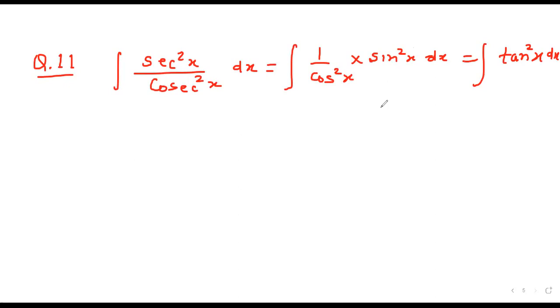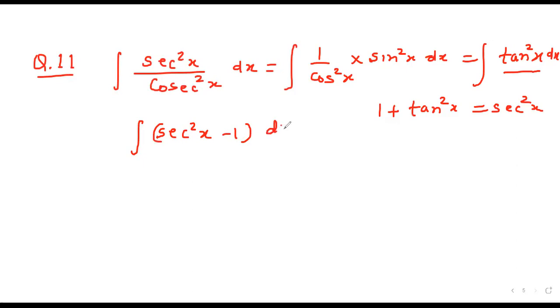But we know that 1 plus tan square x equal to sec square x. So we change it because integration of tan square x can't be found directly. So integration sec square x minus 1 dx, and this will give tan x minus x plus c.